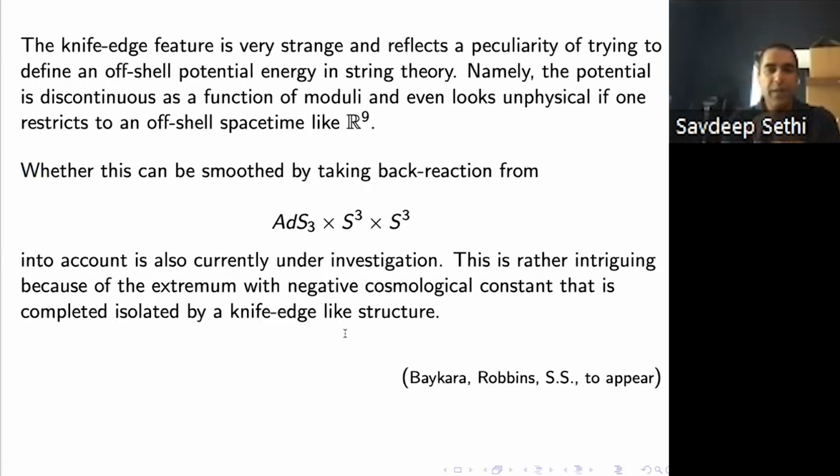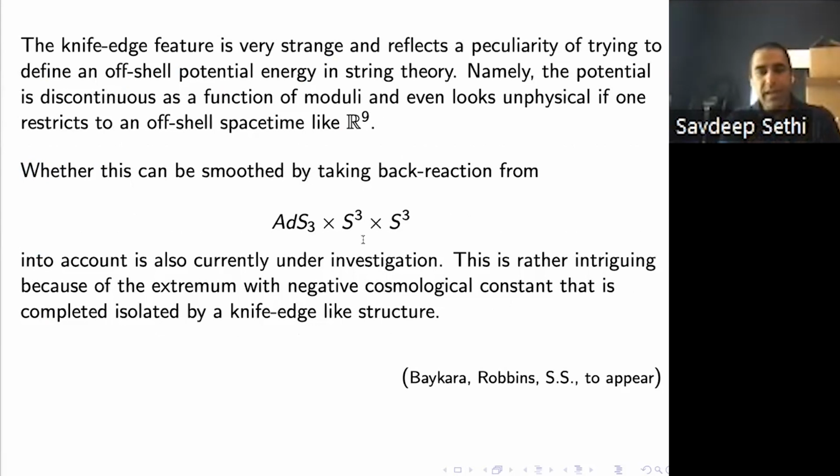Okay, the knife edge feature is very strange for the potential computed on R9 cross S1. And I think it just reflects a peculiarity of trying to define an off-shell potential in string theory. That potential looks discontinuous as a function of moduli and even unphysical.